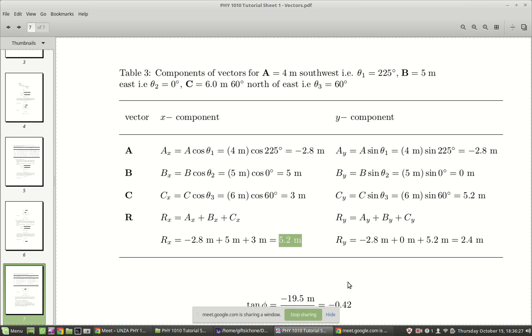So that means Rx lies along the positive x-axis. Then Ry is also positive, 2.4. That means Ry lies along the positive y-axis, meaning that our resultant vector R actually lies in the first quadrant. Is that clear?